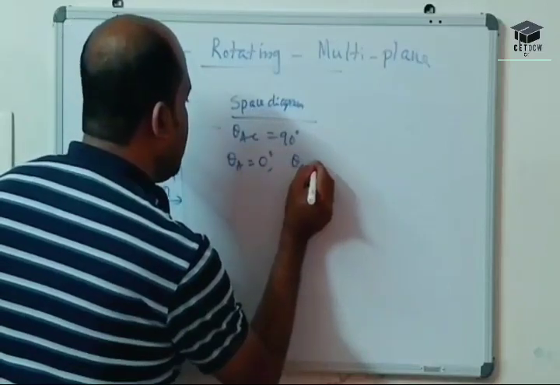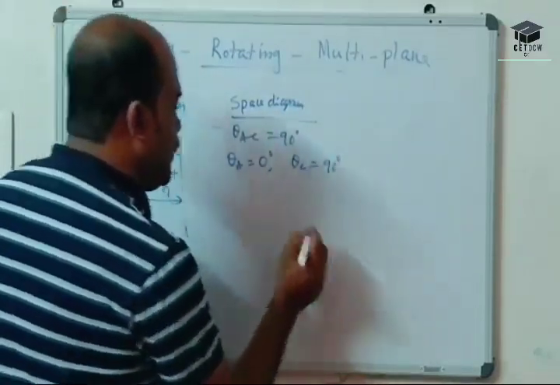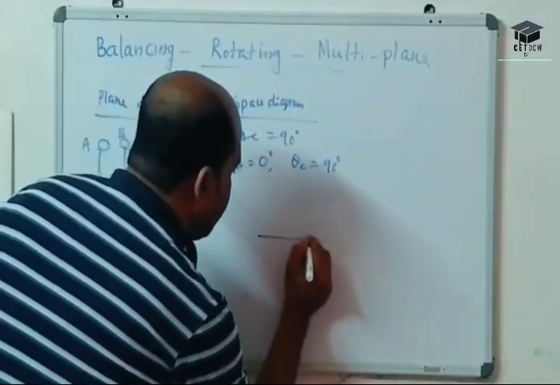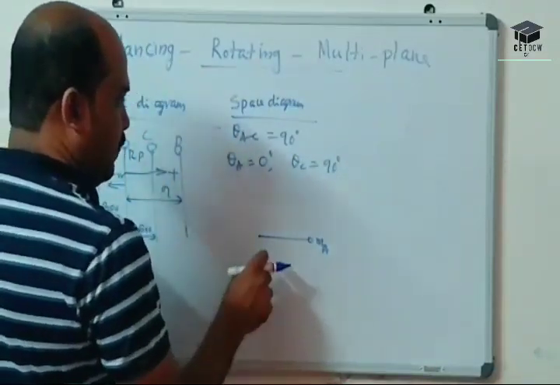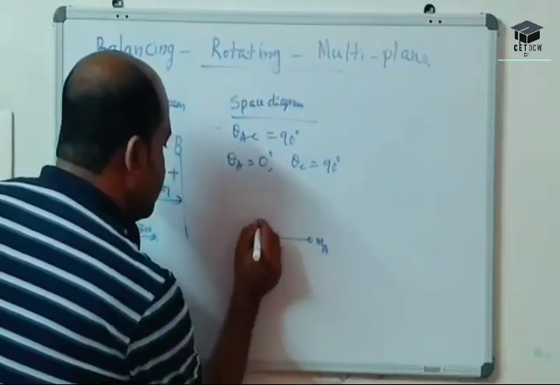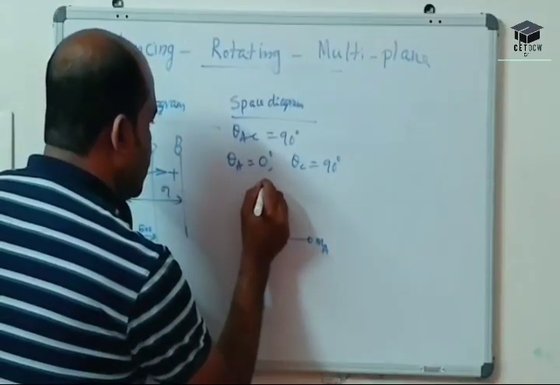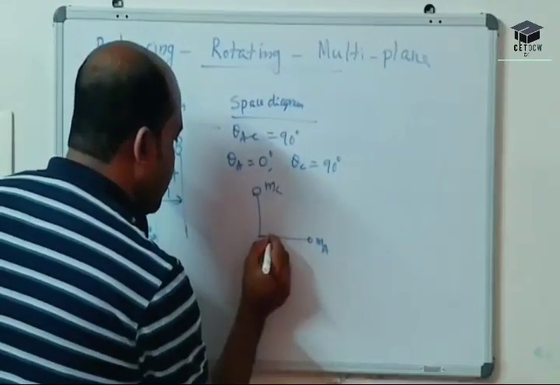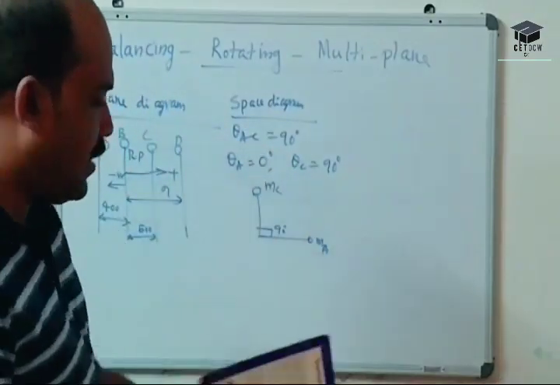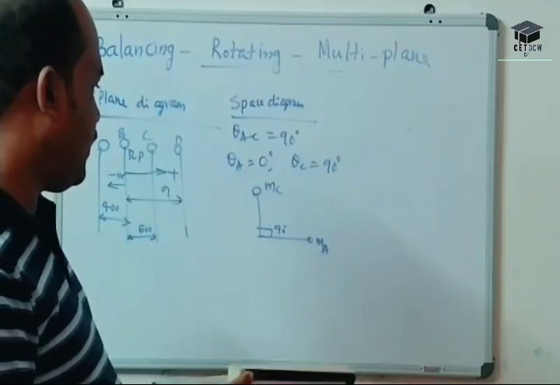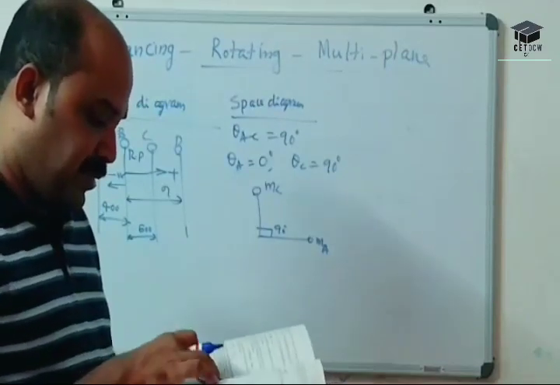Then theta C will be 90. So theta A is 0 degree. This is MA. This angle is 0. Then you can mark theta C. MC. This angle is 90 degree. Then B and D are not given, so we don't have the values.